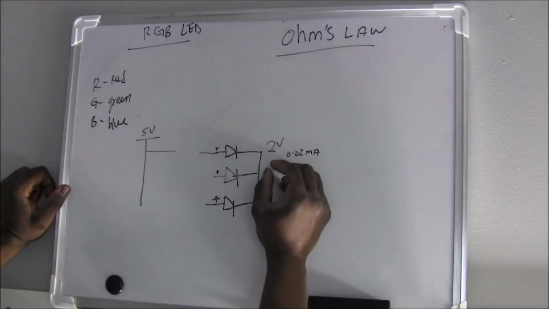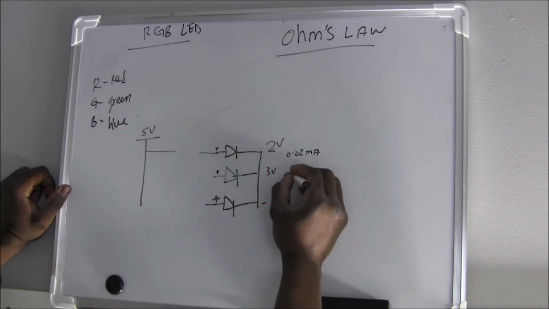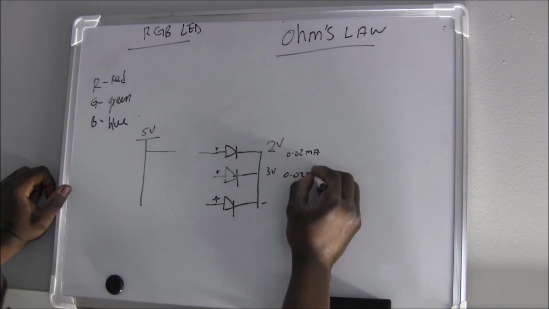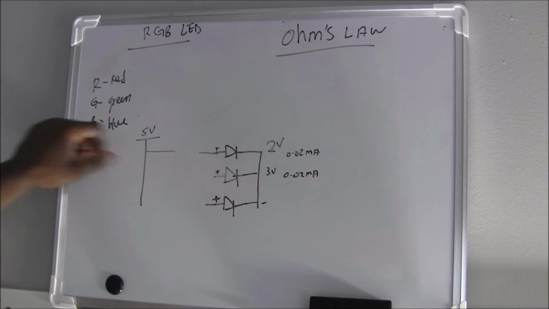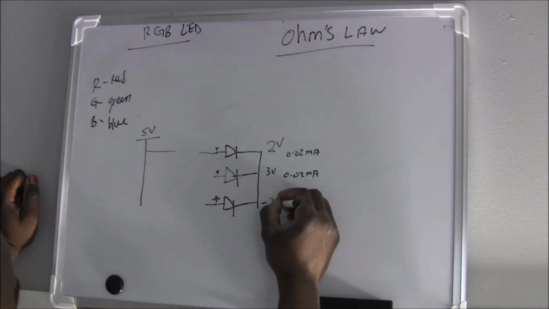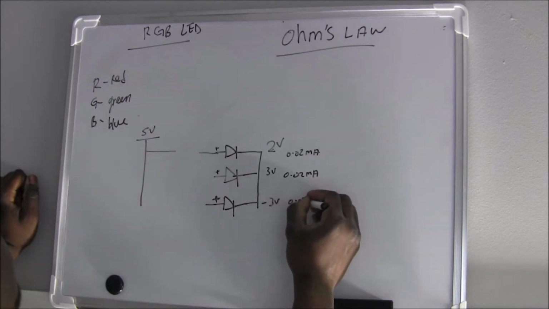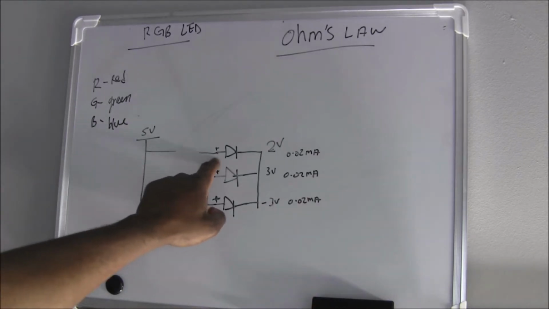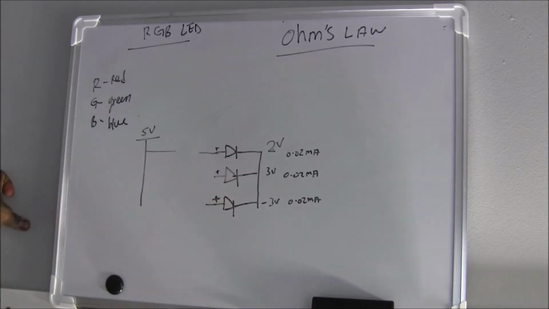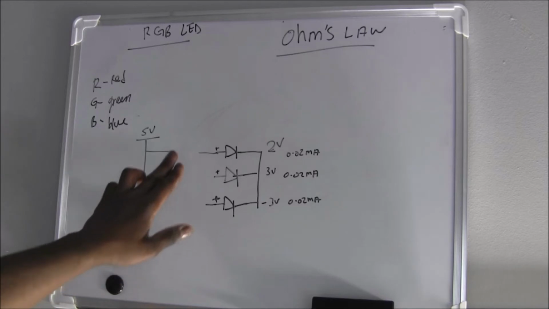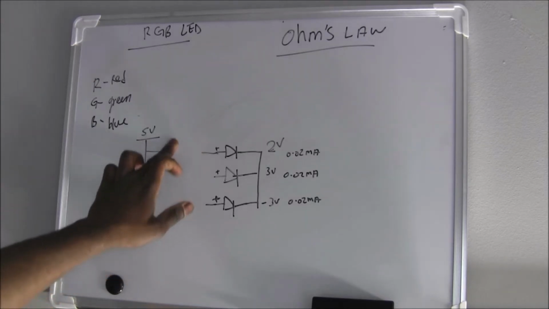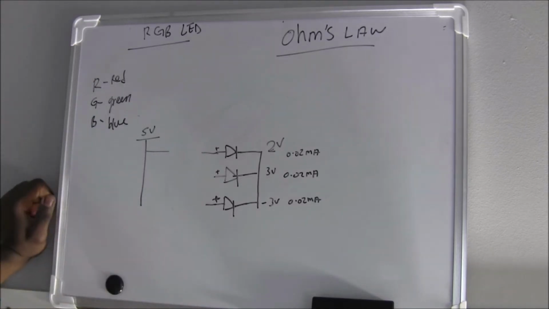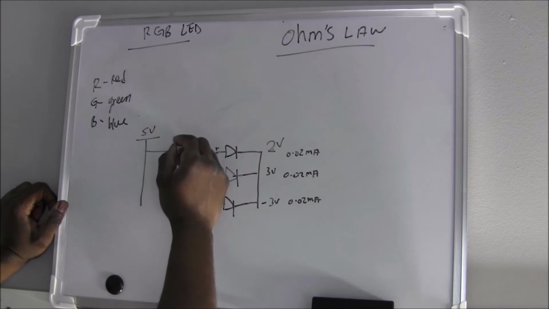The second one is 3 volts at 0.02 amps, and the third one is likewise 3 volts and 0.02 amps. If I power these LEDs with 5 volts, of course we're going to burn them. So we need to introduce a component which we call a resistance.